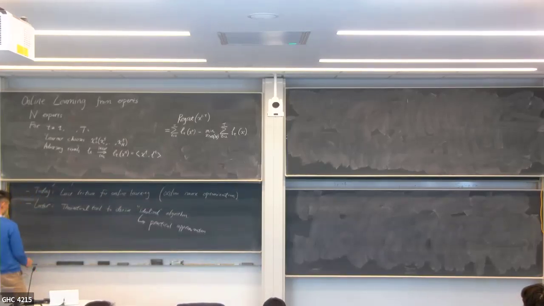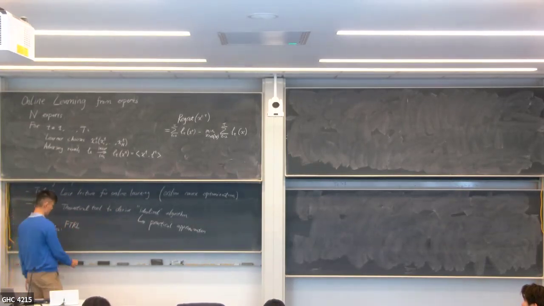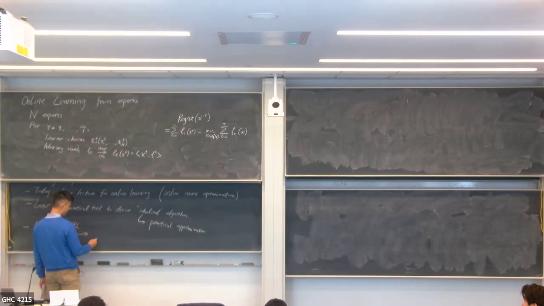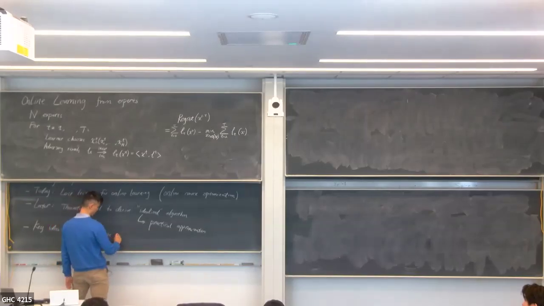Okay, so we'll get to basically one key idea. Again, we'll be revisiting the algorithm called follow the regularized leader, which is sort of the principle of optimizing with stability.